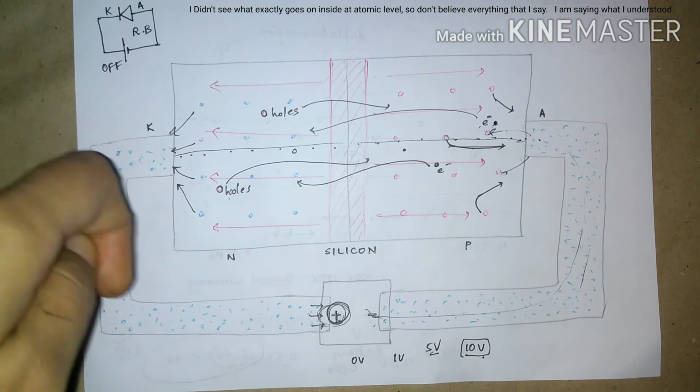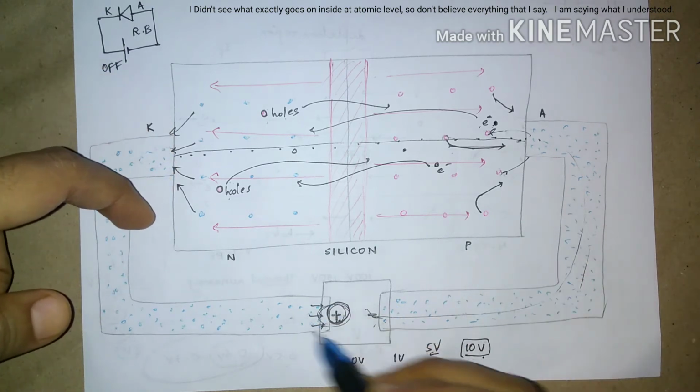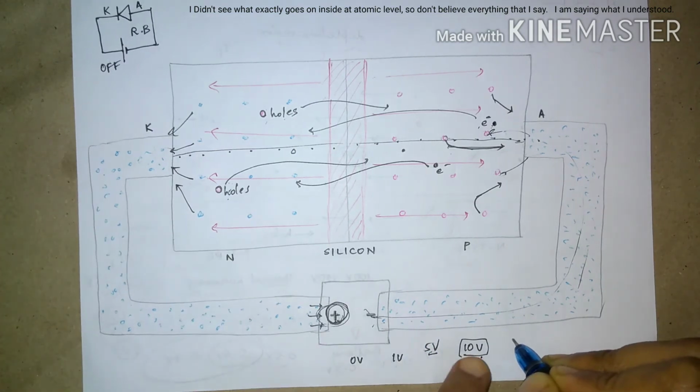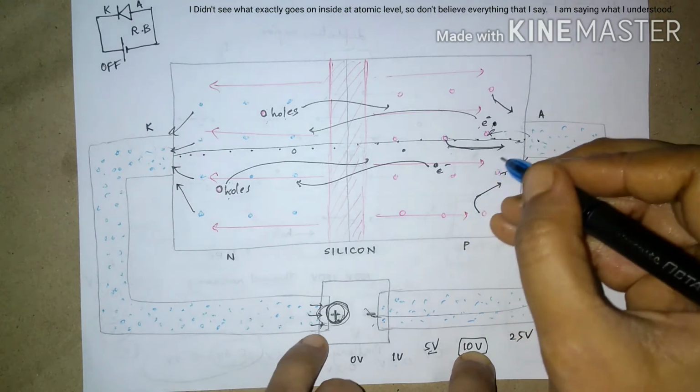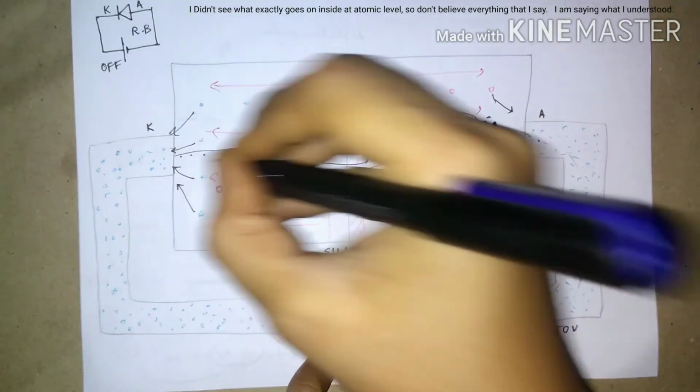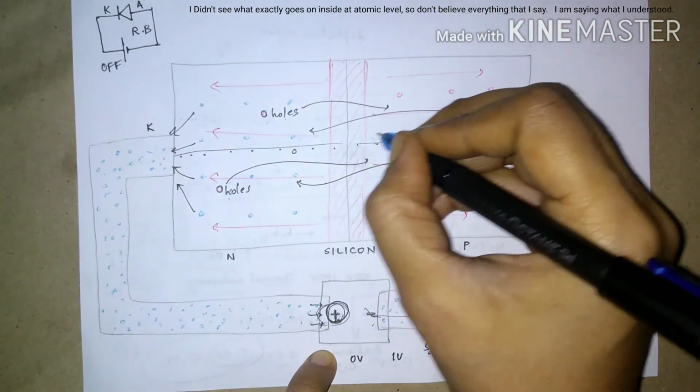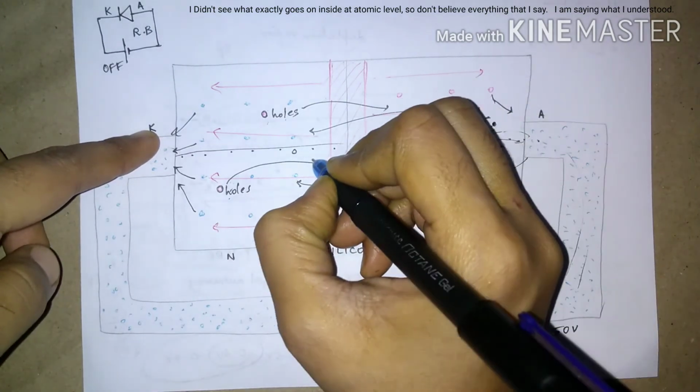So as the voltage goes from 25 to 50 like that, the heat increases. As the heat increases, minority charge carriers also increase.